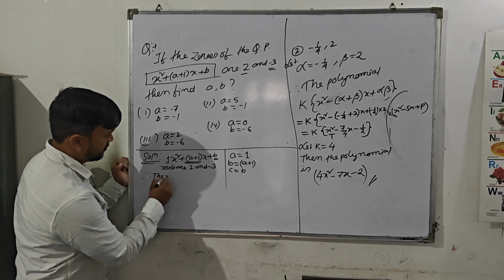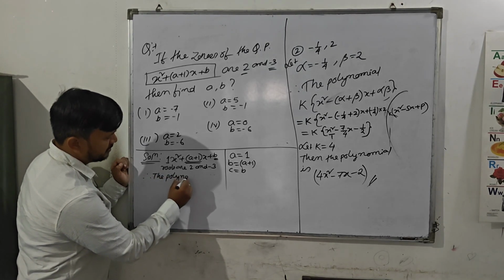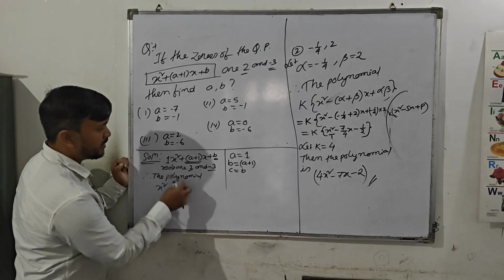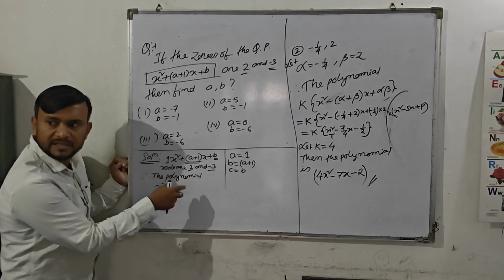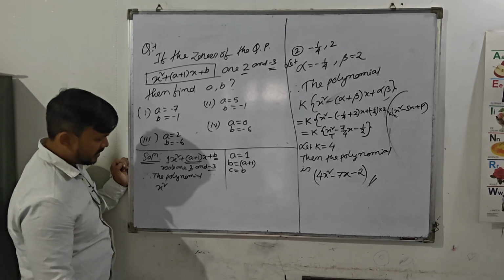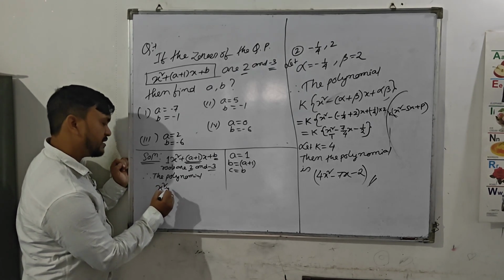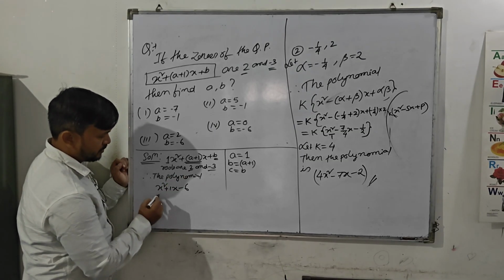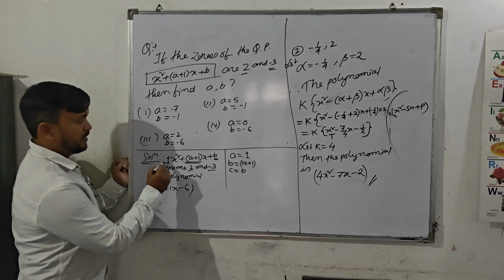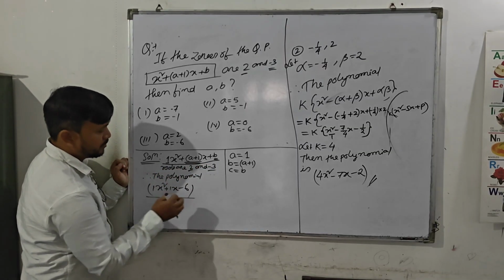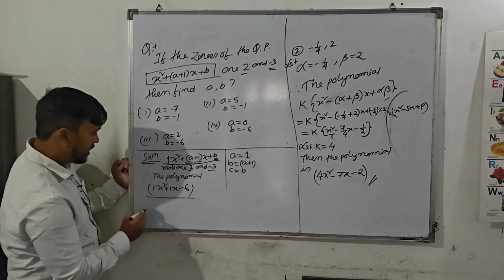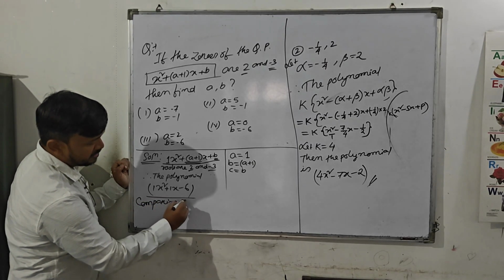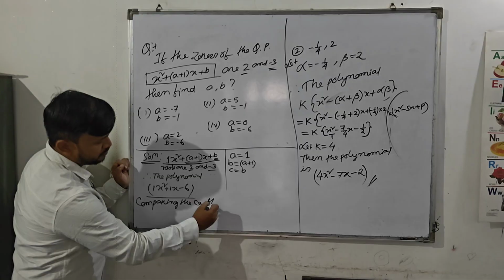Therefore, the polynomial using these two roots: x square, sum of the roots 2 plus minus 3 is minus 1, so minus of minus 1 plus 1x. Product of the roots is minus 6. So this is the polynomial. This polynomial and this one are both the same polynomial. Comparing them, comparing the coefficients.